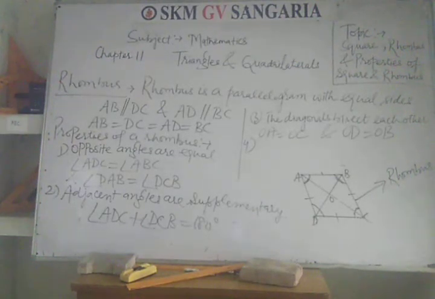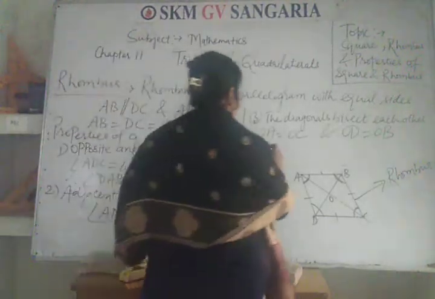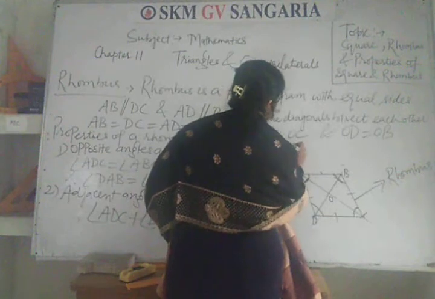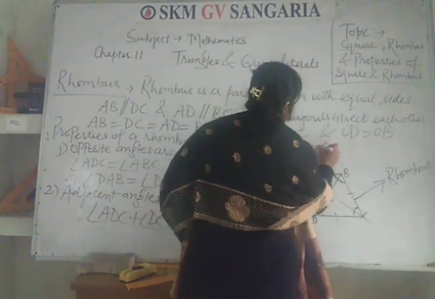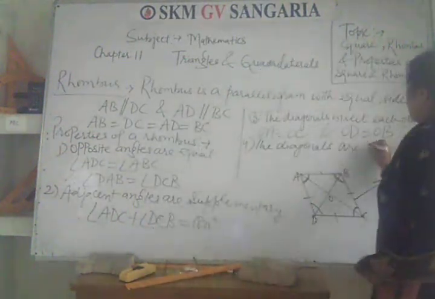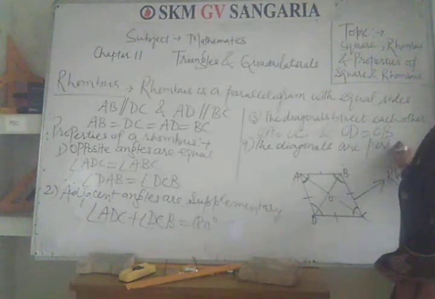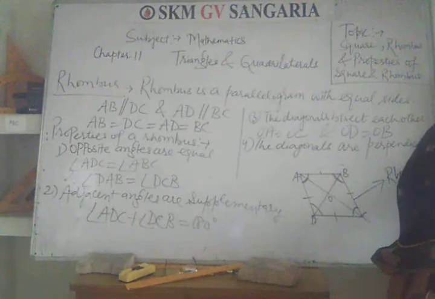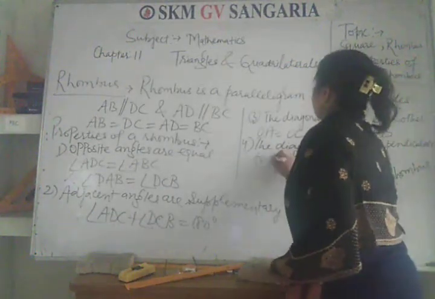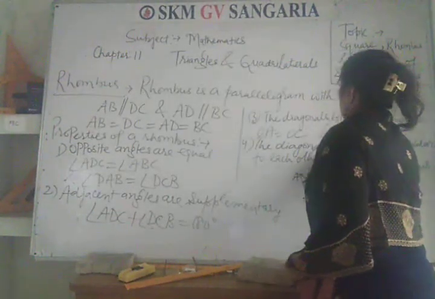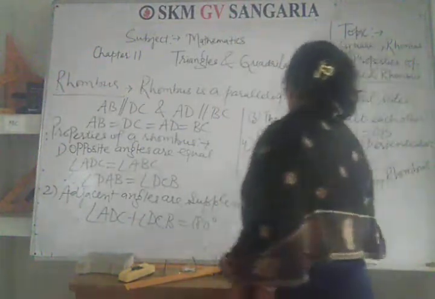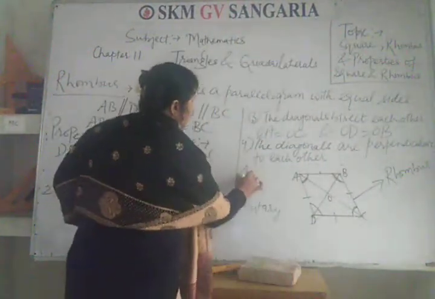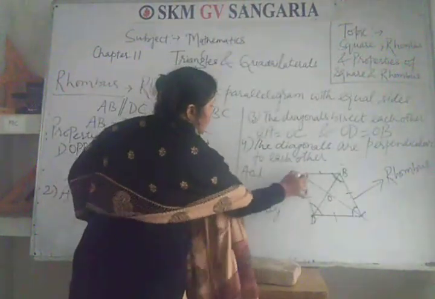The diagonals are perpendicular to each other such that AO is perpendicular to BD.